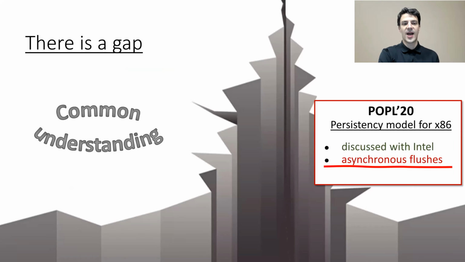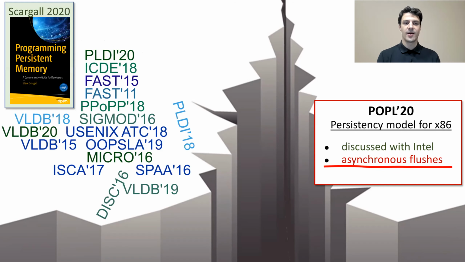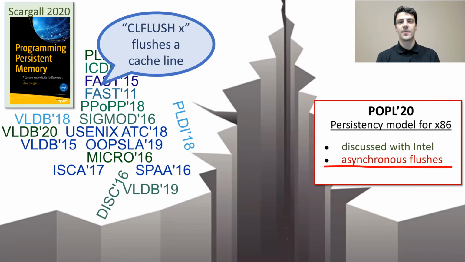Nevertheless, there is still a gap between the common understanding of persistency and the POPL 20 model. And this gap comes from a decade's worth of research from algorithms and systems communities, where special persist instructions such as CLFLUSH are commonly described as actually flushing a cache line, and in this way ensuring that writes reach non-volatile memory.